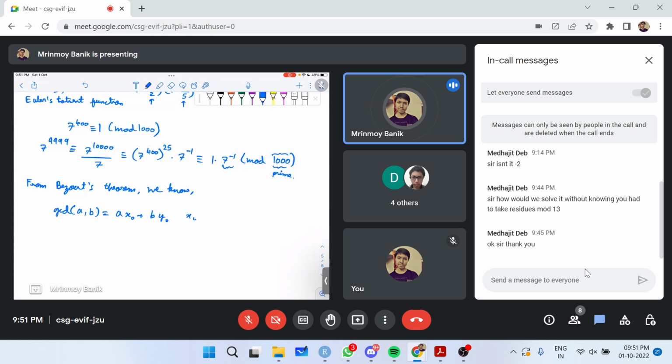Here, x naught and y naught can be both negative and positive. There exist x naught and y naught, of course not unique, for which this happens.